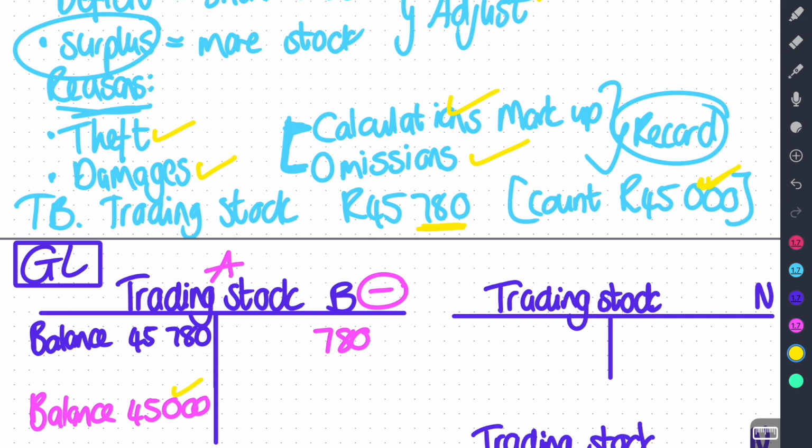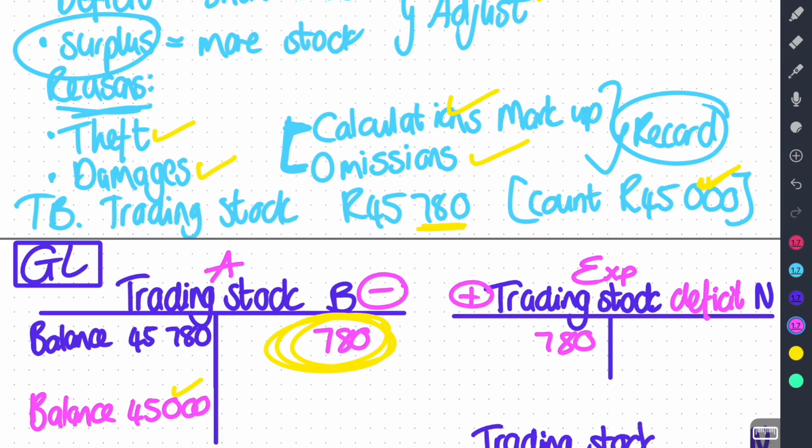So I'm going to decrease it on the opposite side. But I need a double entry for that on the debit. So 780 is going in trading stock deficit, which is a nominal account. It's an expense, and it makes my owner's equity go down, or the expense plus. There's my debit, there's my credit, and the adjustment is made.